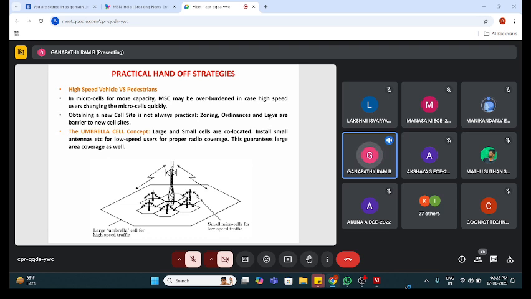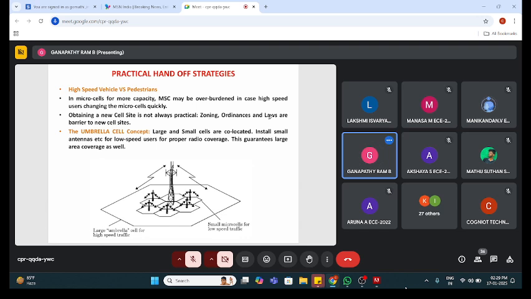Cars may move from 80 to 120 kilometers per hour. Similarly, a train, say Rajdhani Express or Vande Bharat Express, may move from 200 kilometers per hour to 350 kilometers per hour.